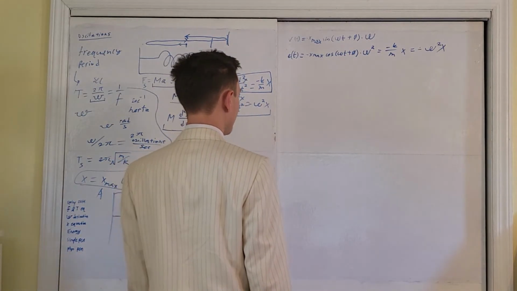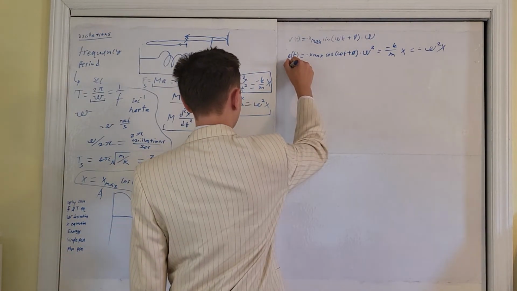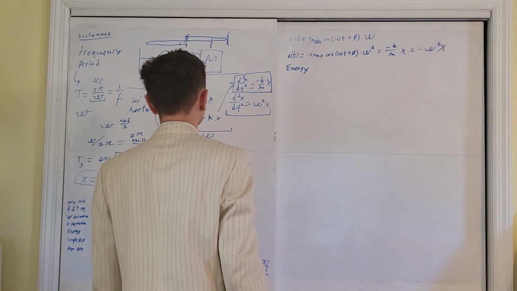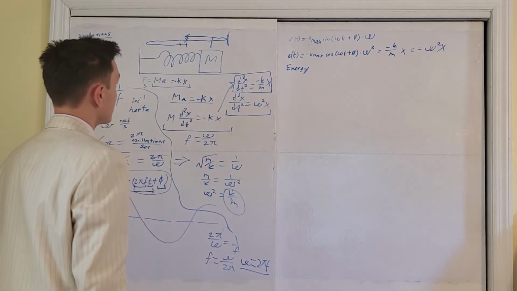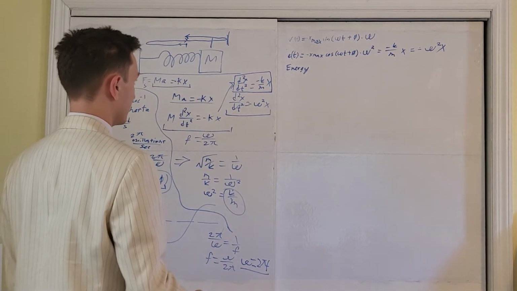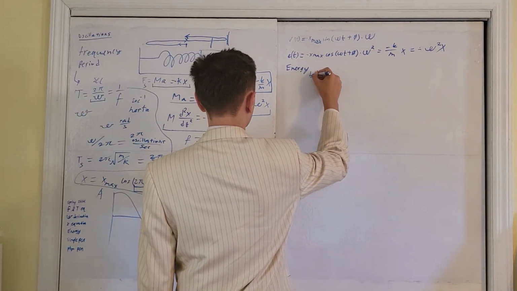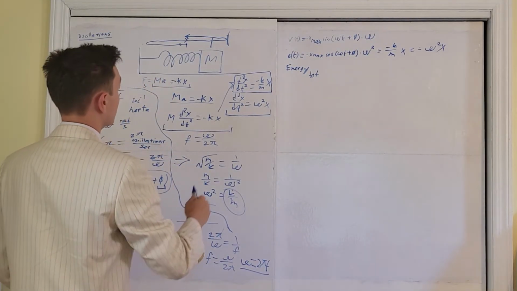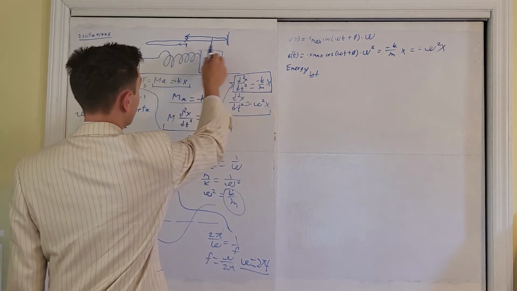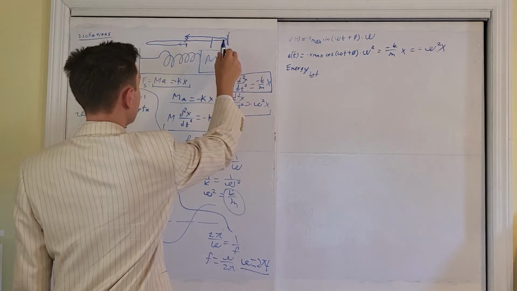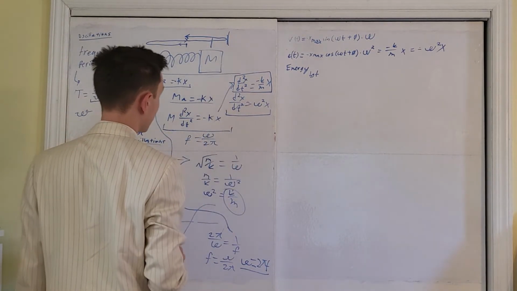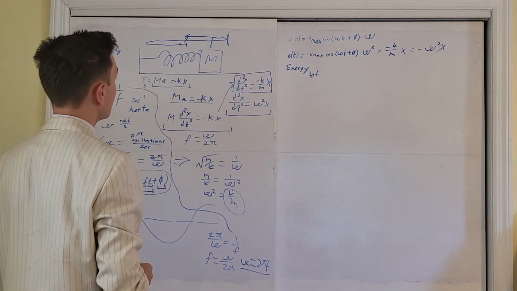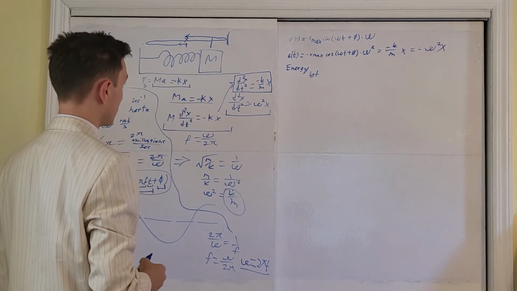Next, we have discussions of the energy of oscillating systems, okay? So there are two easy ways to discover the total energy. When you are in your oscillation and the object is at one of the two extremes, the object is momentarily stationary. The object is not moving. Therefore, the entire energy of the system is in the form of spring potential energy.